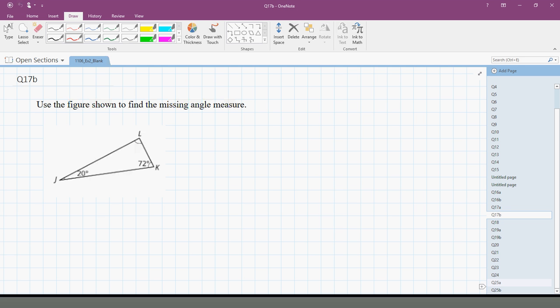How'd you get that? I agree. How did we get 88 degrees? 72 plus 20 equals 92, and then subtracted from 180. Okay, good job. Yeah, add that 72, add that 20, and then subtract it away from 180. Perfect.